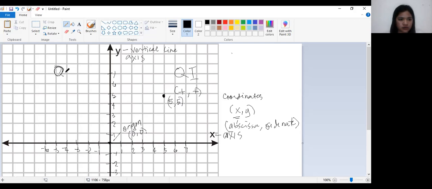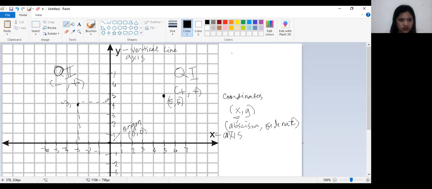Oh, sorry, quadrant 2. So we have, unahin natin si abscissa, negative and positive. Kaya for example, may point ka dito. So, tingnan natin siya. Saan ba siya? So, that is negative 3.